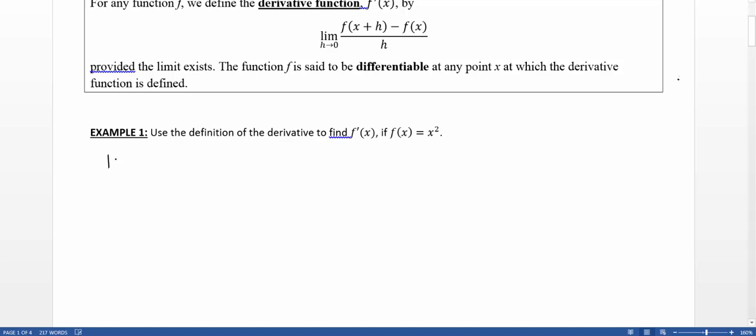So the definition says we're going to take the limit as h goes to 0 of f of x plus h. Now, let's do that as sort of a sidebar here so you can remember how we do that. f of x plus h means we're going to plug x plus h into our function.